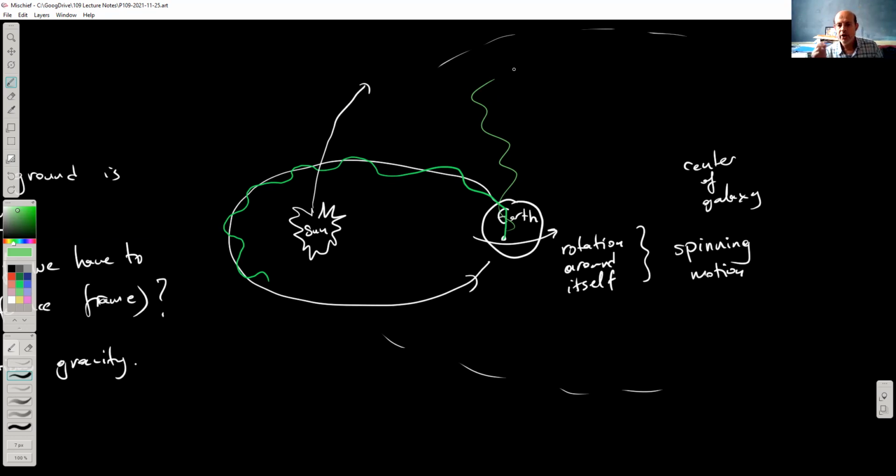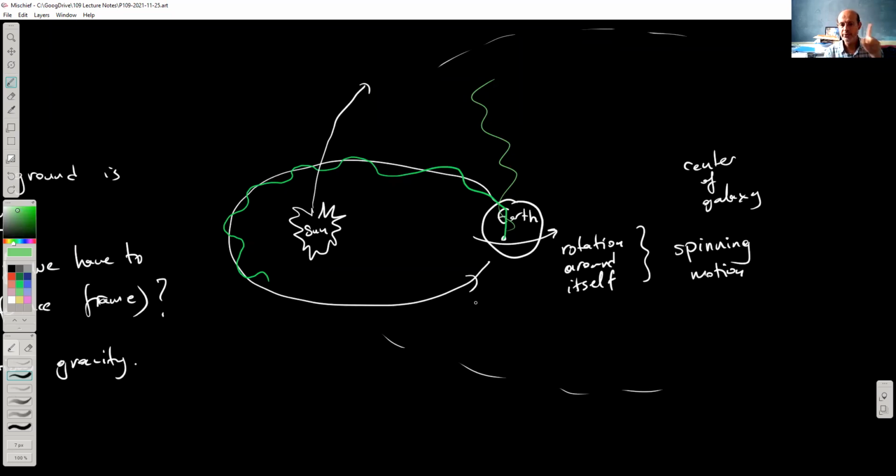I'll just tell you this: the effect of the Sun rotating around the galaxy and the effect of the Earth rotating around the Sun are actually quite small, much smaller than the effect of the Earth spinning around itself. So within this problem, I'm just going to handle this one. I'm just telling you this, but you can also do the computation. I'm just going to compute the effect of that one.